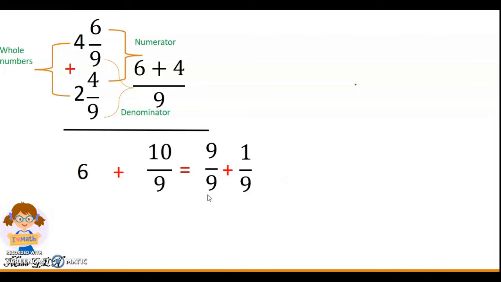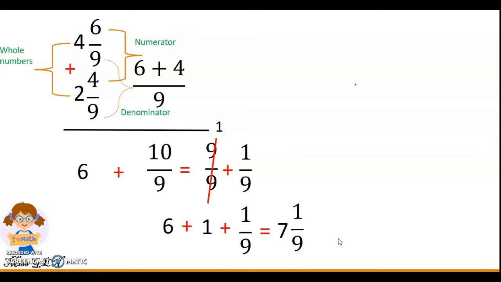So 9 divided by 9 is 1. So we have a whole number here to be added to our previous whole number. So 6 plus 1 plus 1 over 9 is equal to 7 and 1 over 9.